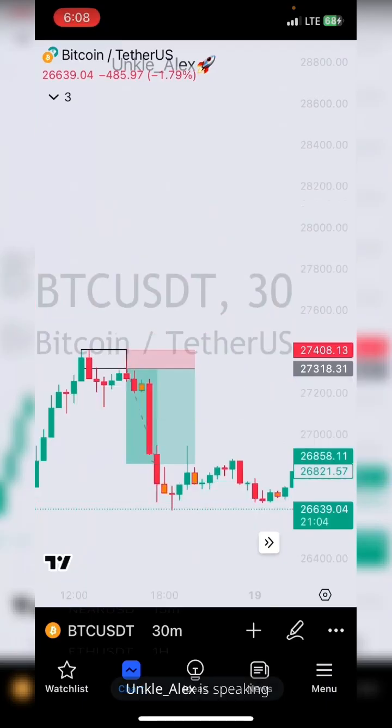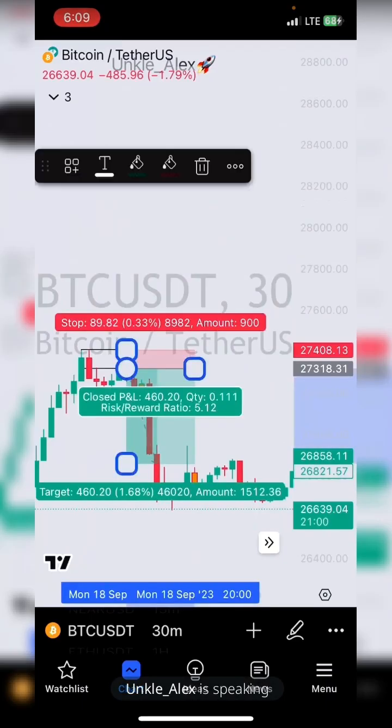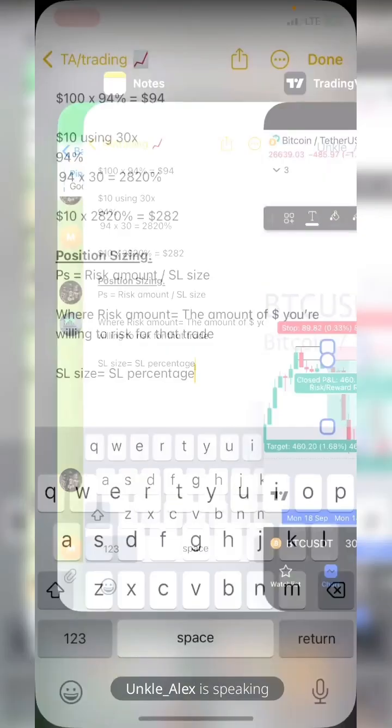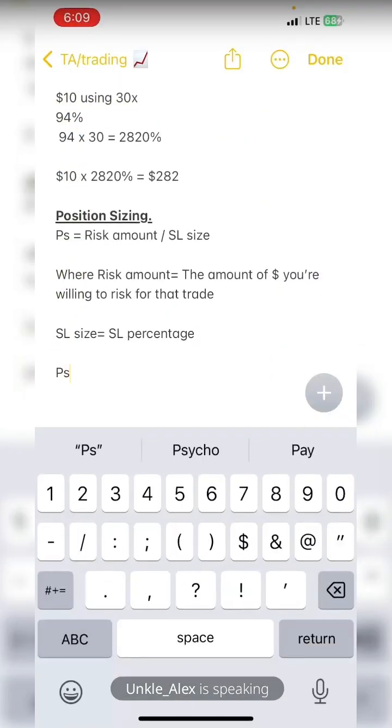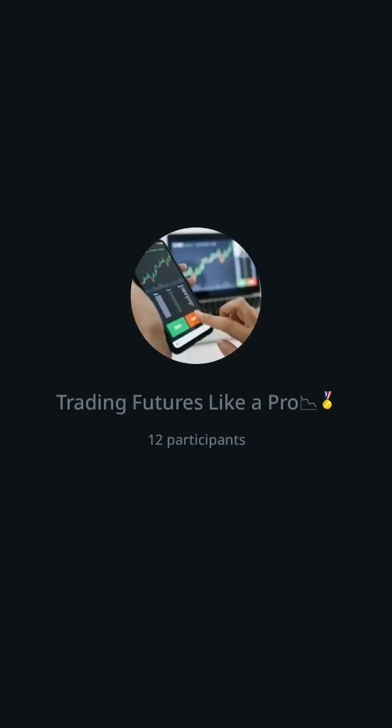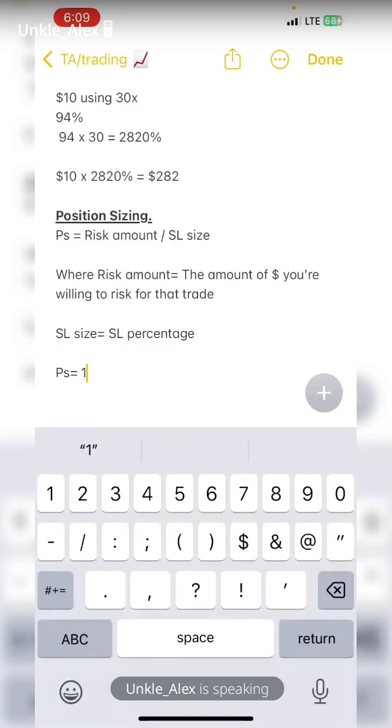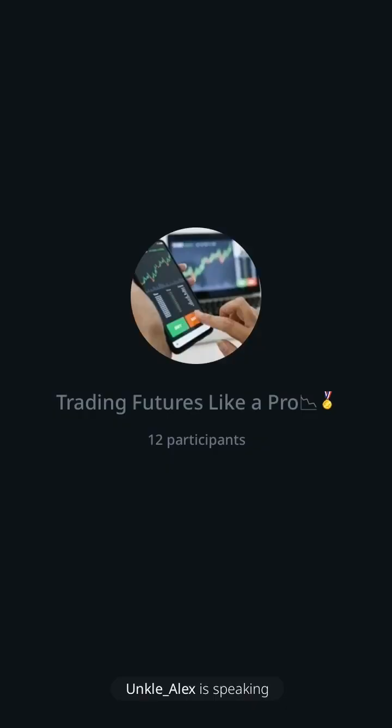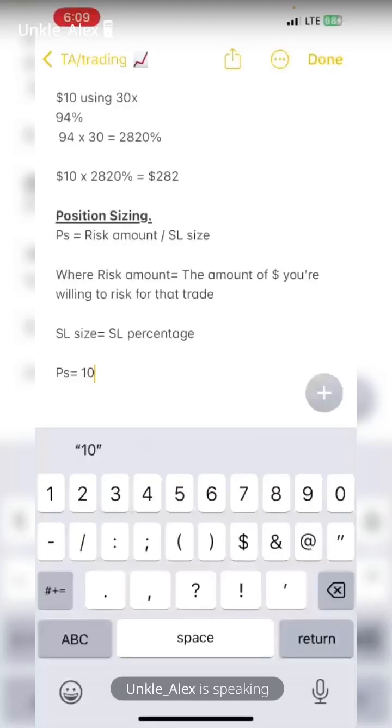For this trade, your risk amount is the amount you want to risk. Let's calculate it. Let's say for the trade you want to risk just $10. I'm assuming your account is a $200 account, or 100 or 150 thereabouts. You want to risk $10.